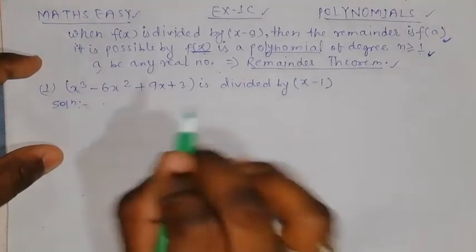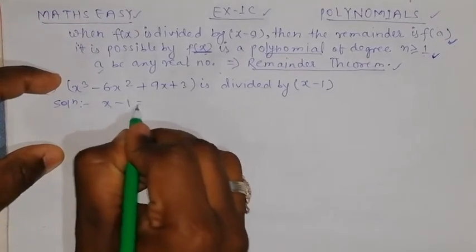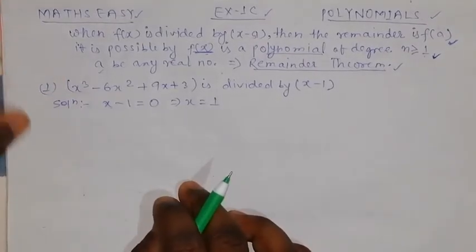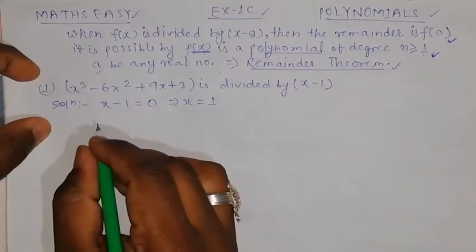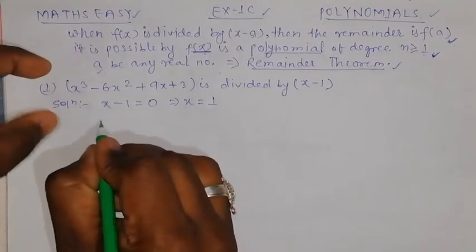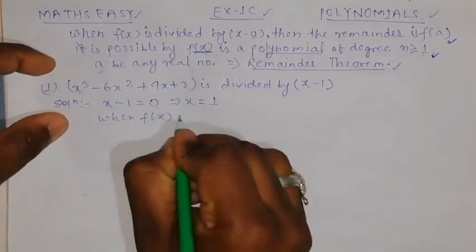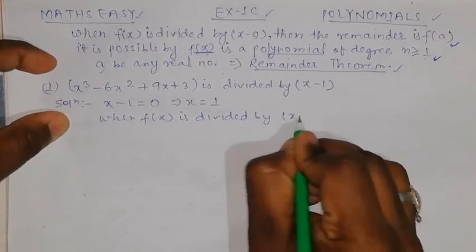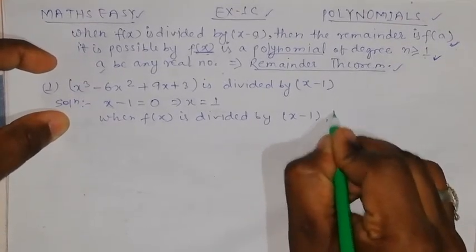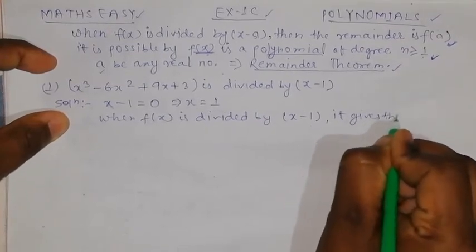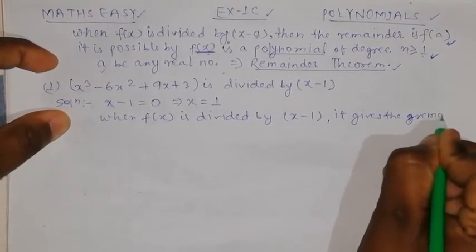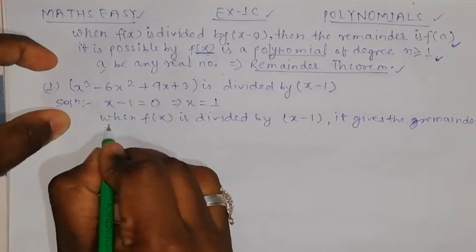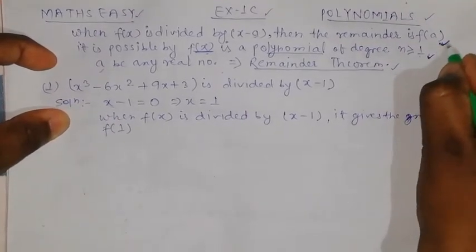First of all, x minus 1 equals 0, that is x equals 1, and we know that by the remainder theorem, when f(x) is divided by x minus 1, it gives the remainder f(1).